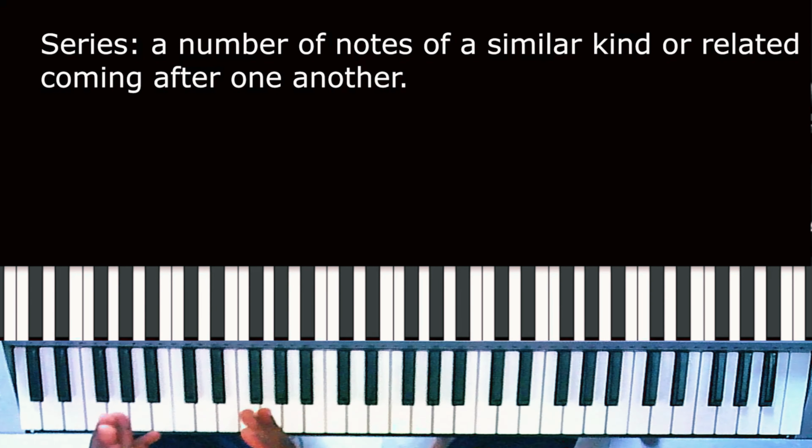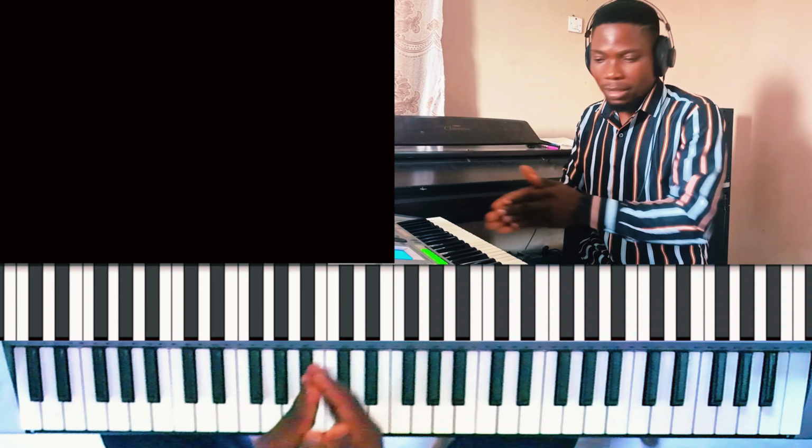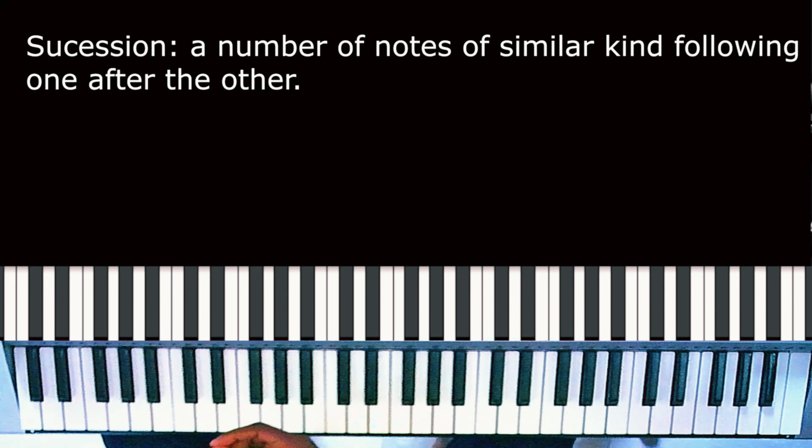In terms of notes, we'll play this note, another note will come, another note will come. They are of similar kind. In the aspect of the piano, the only thing that changes within them is the pitch. Then let's go to succession. It means a number of notes of similar kind following one another.